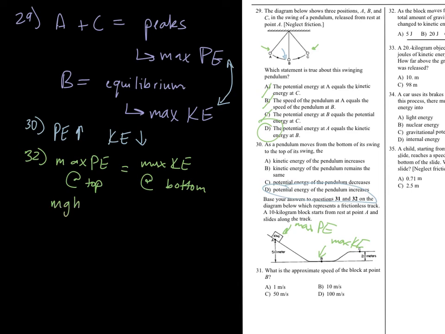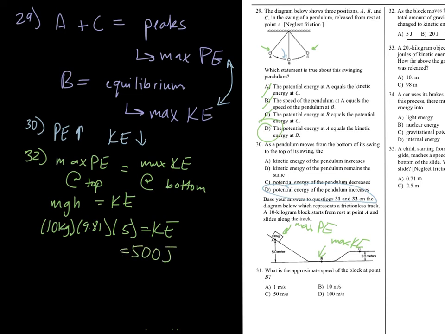Max kinetic energy, we don't need to actually expand it out. So 10 kilograms times 9.81 times our height of 5 meters equals kinetic energy. You should get approximately 500 joules.